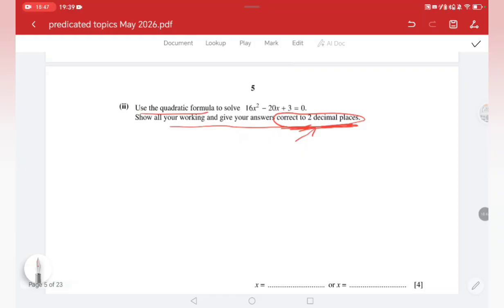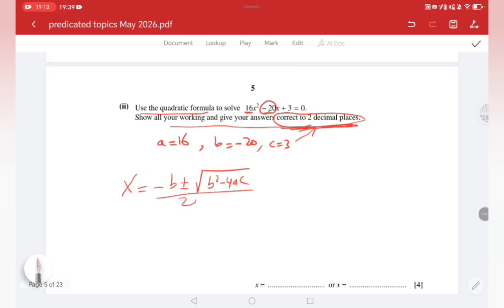In the quadratic formula, first of all, try to write what the coefficients are, like a equals 16, b equals negative 20. Take care about the signs. c equals 3. So now let's write the formula. The formula is given. Negative b, positive or negative, square root of b squared minus 4ac, divided by 2a. Now when you substitute in the formula, minus minus 20, because there's a minus outside.